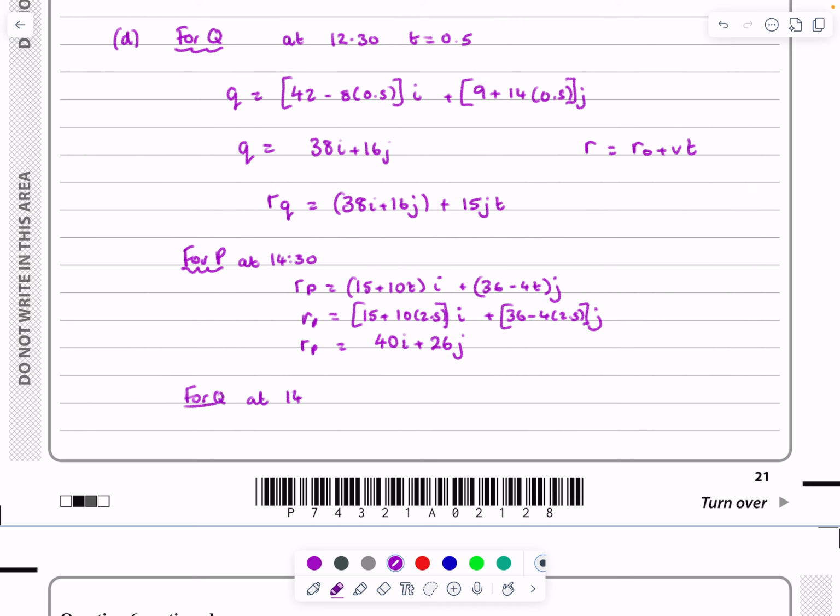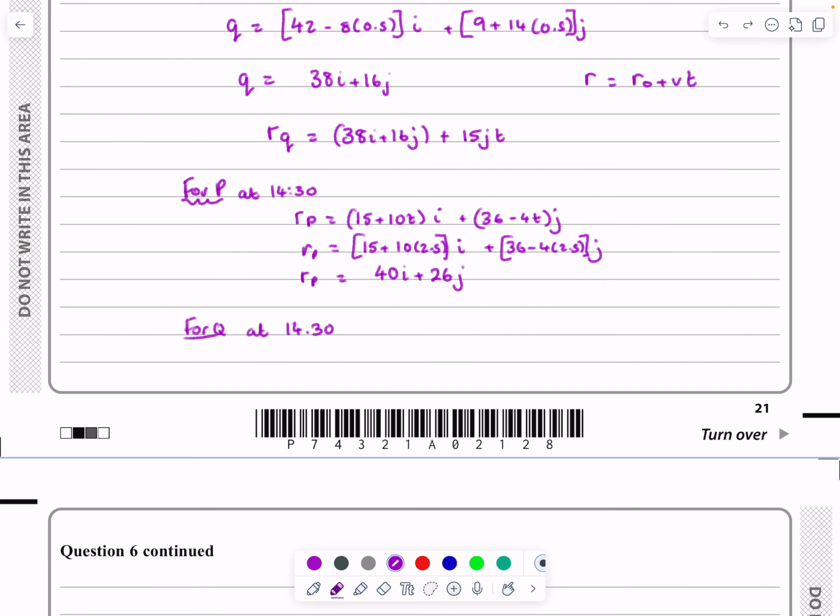Now I've got to be really careful with this next one for Q at 14:30. Don't forget that it changed at 12:30. So it's only been doing this one for 2 hours, not for 2.5 hours. That's a nasty little extra that you just stop and rewind the video and go back and have a think about that. So when I'm working out what Q is, yeah, it's going to be 38i plus 16j plus 15jt, but the issue is that t is going to be equal to 2, not equal to 2.5 when we're trying to work that out.